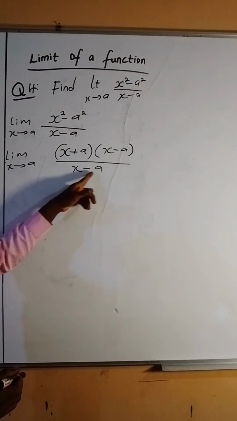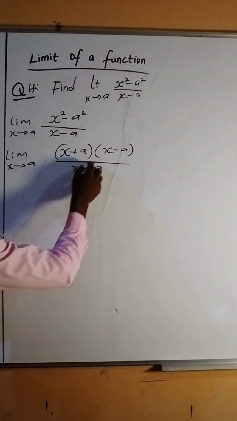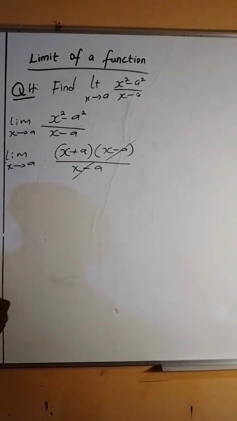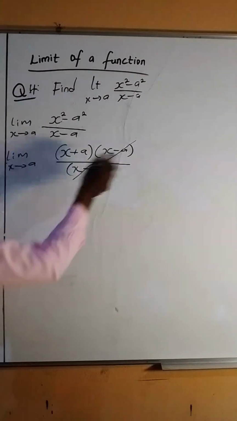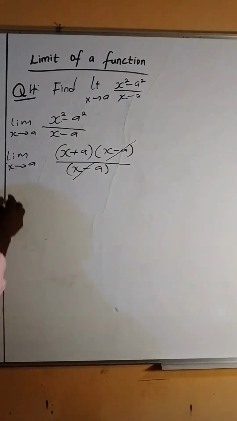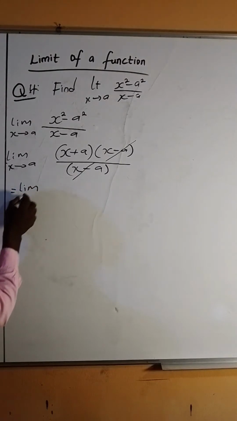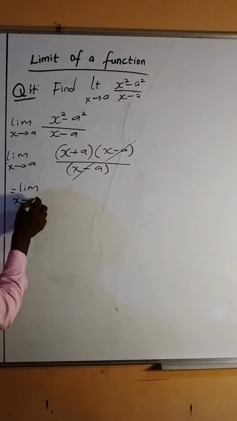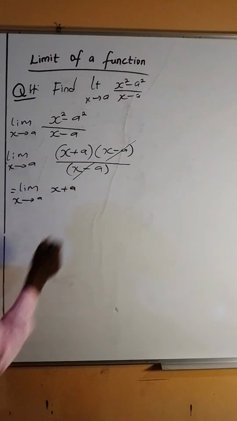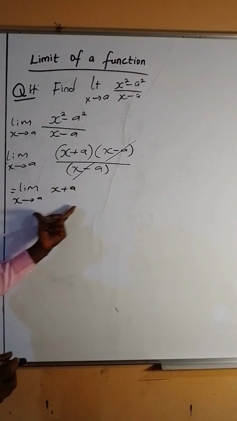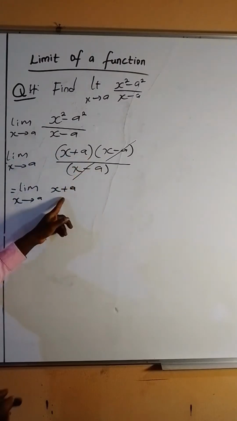Here we have x minus a, while here we also have x minus a. Since they are equal, we strike them out. Then we are left with the limit of the function as x approaches a of x plus a.